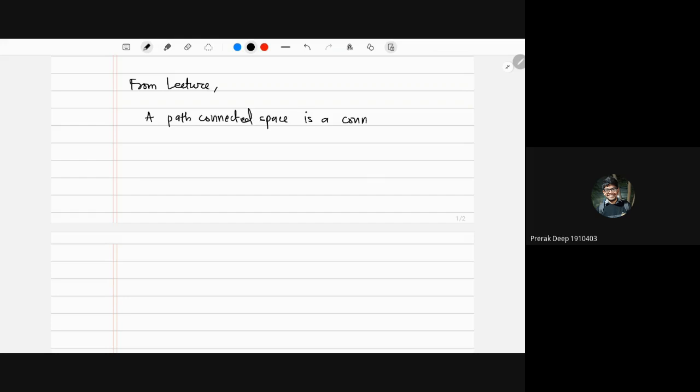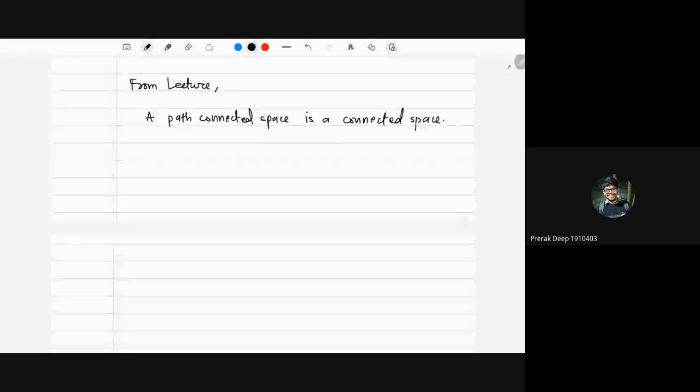So given a path connected space, it will be a connected space. And the proof is also very simple.